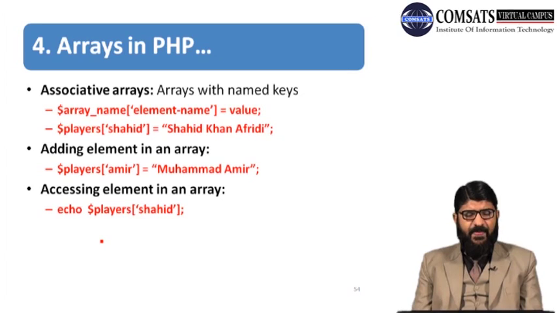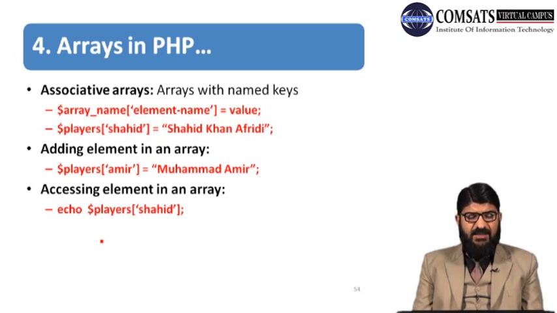So player Shahid equals Shahid Khan Afridi. Here you will mention the array with a name. Shahid is the name over here, so it is an associative array. And you can add an element in the array by simply using the assignment operator, and you can also access an array by printing echo and calling the array name with the $ sign.